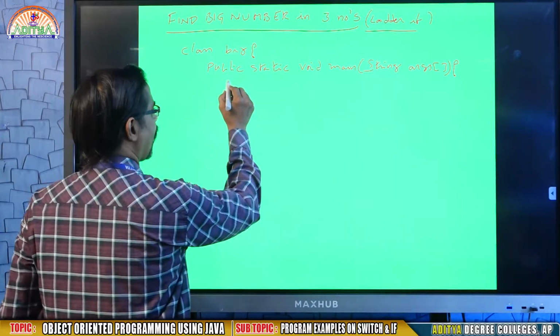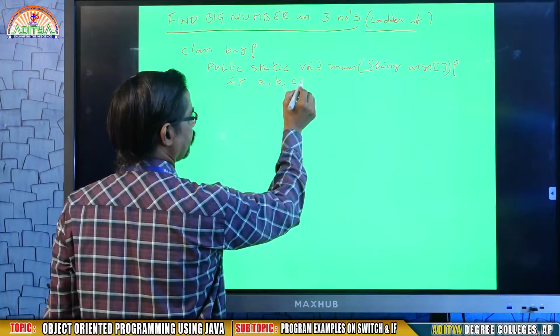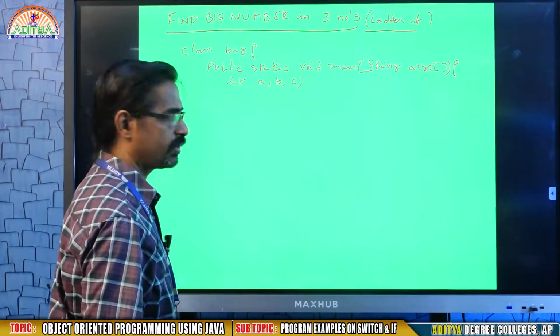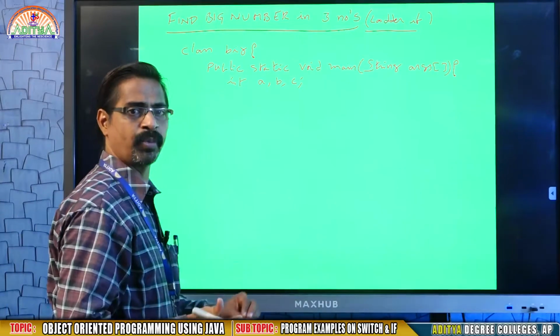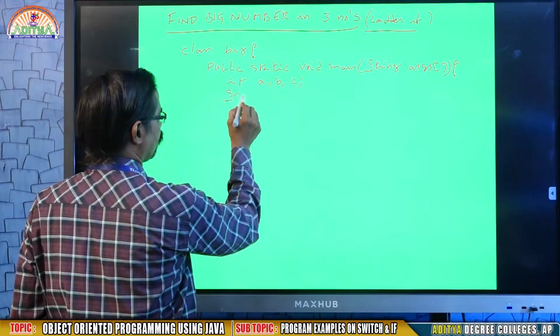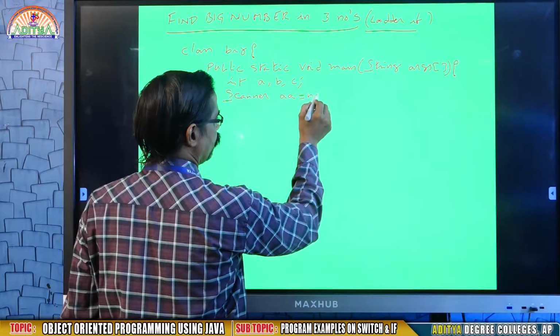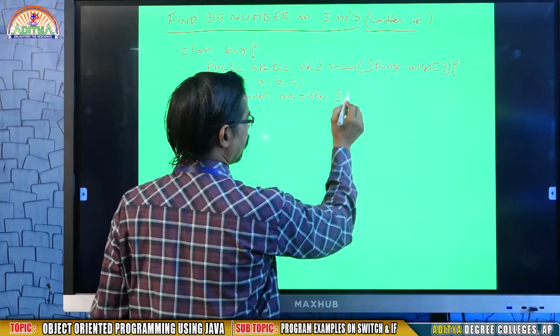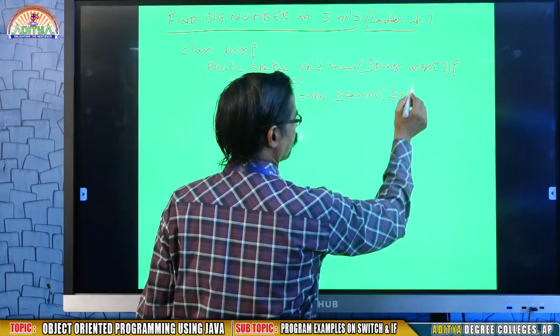Now inside I want to take 3 variables: a, b, c. Then I want to read 3 numbers. For reading, basically we use BufferedReader or Scanner. Now I am using Scanner: Scanner a equal to new Scanner of System.in.